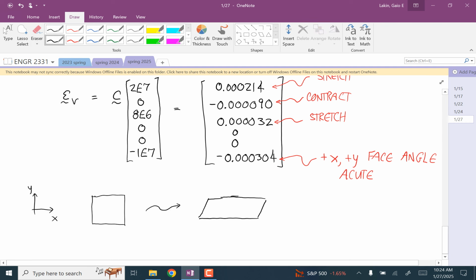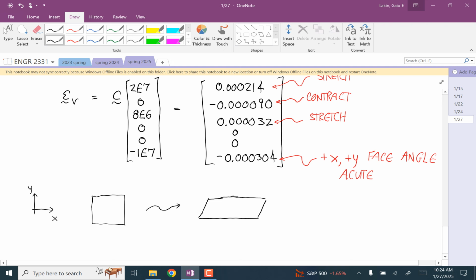What did you call that? A parallelepiped? Well, yes, this is a parallelogram if you're looking straight at one face, and the thing with every side being a parallelogram is called a parallelepiped. But it's nice to know that you can always visualize from the Voigt strain what the deformations look like.